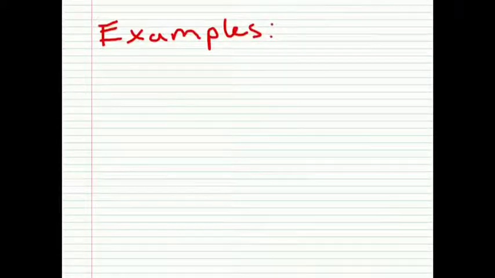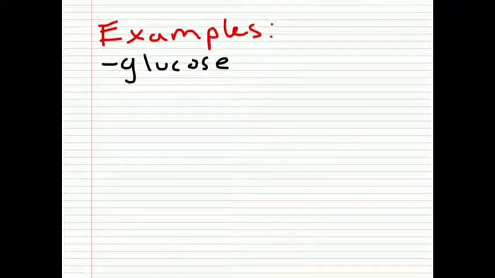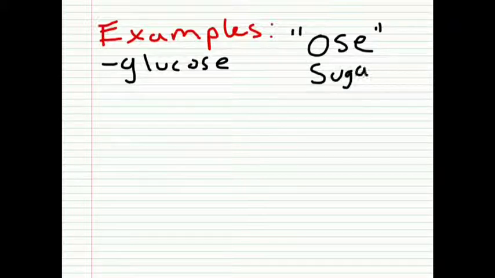So that diagram on the previous slide is an example of a carbohydrate. It was glucose. Most times that you hear a word that ends in O-S-E, it is a sugar, which is a carbohydrate.